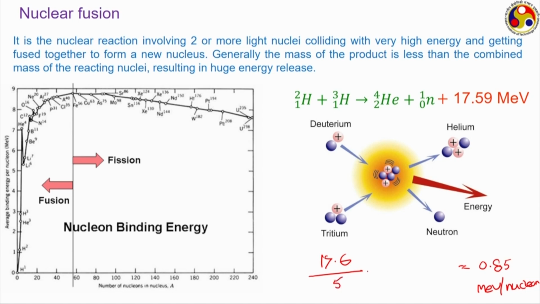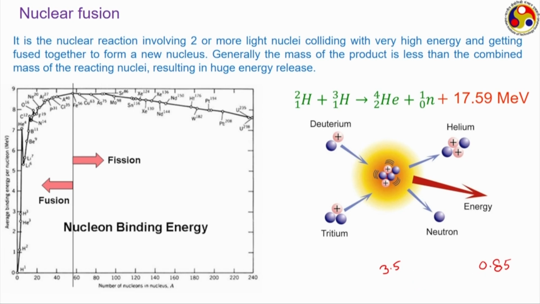So, the result of that is approximately 3.5 MeV of energy per nucleon. So, let me erase everything else and just compare the two numbers.